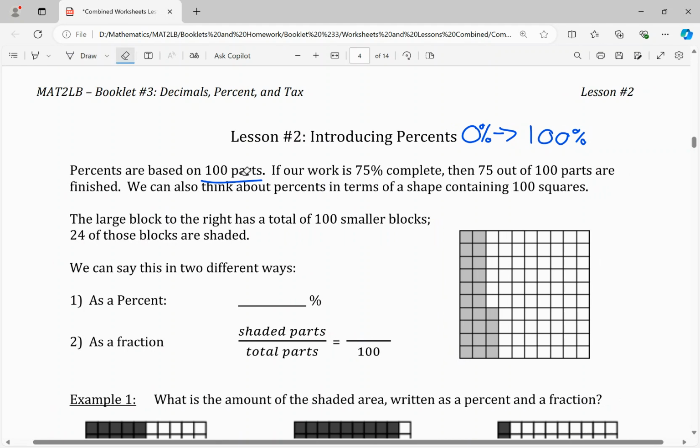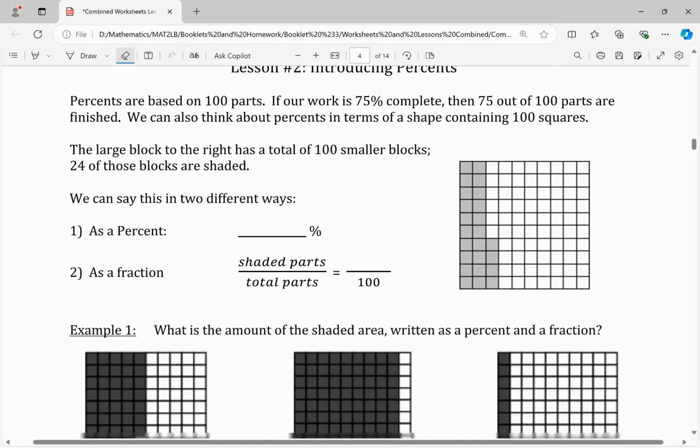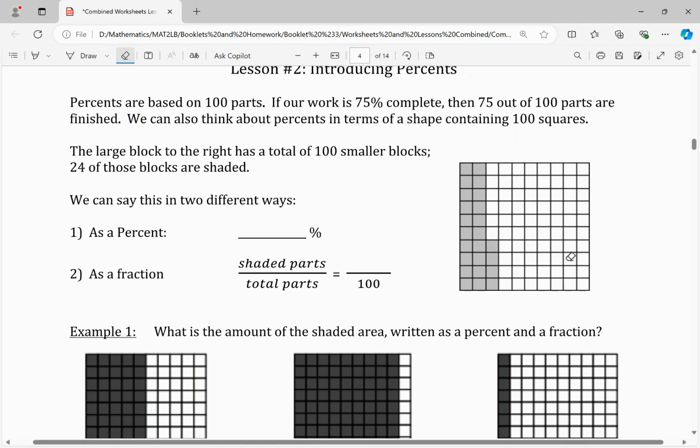Let's use this visual below to help us out. Here, I have a box with many tiny squares in it. Now, if we were to count this out, we would realize that this box is 10 squares wide and 10 squares long.